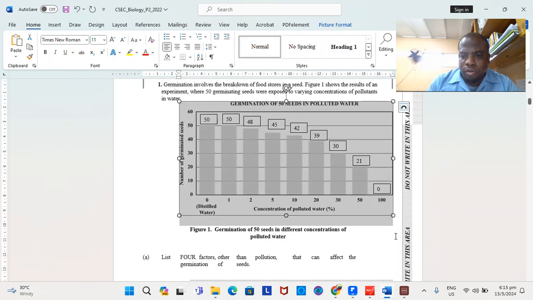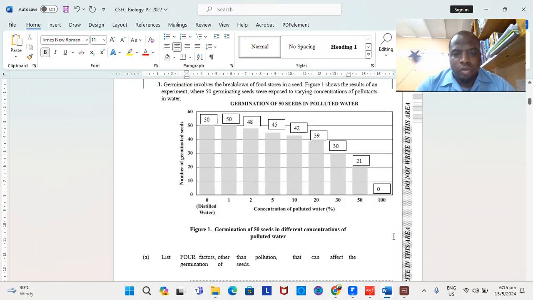Zero. So this is the representation of how many seeds germinated based on the concentration of the water.